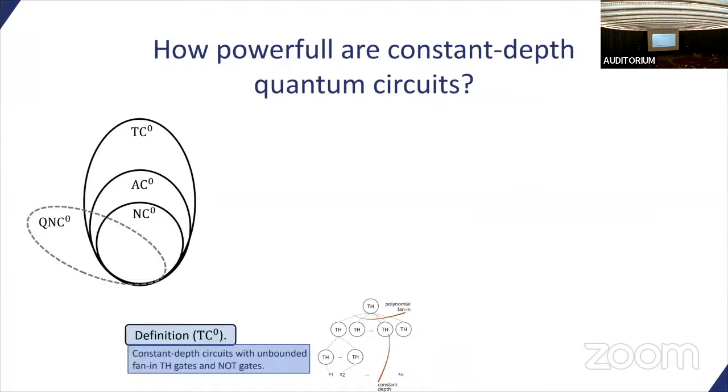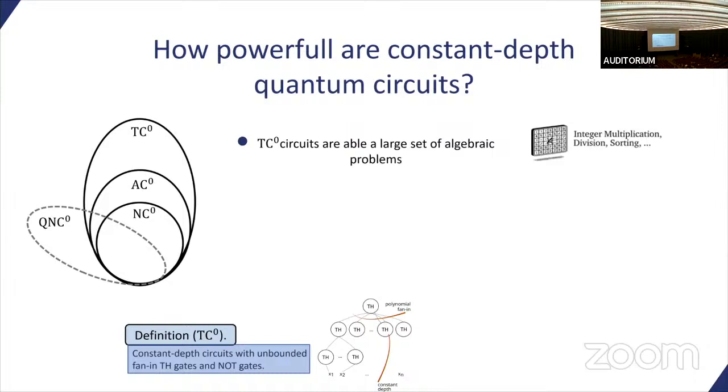Now the next interesting class that we could look at is TC0, constant depth threshold circuits, where we have as a minimal element a threshold gate. This is a gate where the activation of the gate goes to 1 at a certain Hamming weight, and then we have a circuit of unbounded fan-in gates of this type.